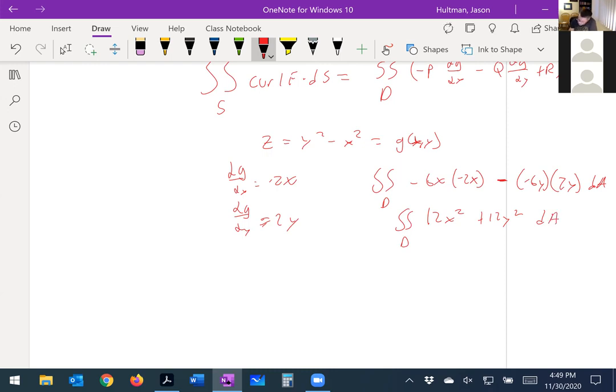Well, this is kind of nice. This is 12 times x squared plus y squared. And what's really nice is we have a circular region, so I'm going to go to polar coordinates.